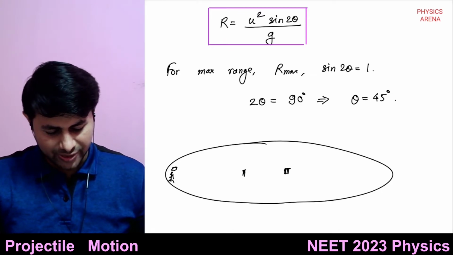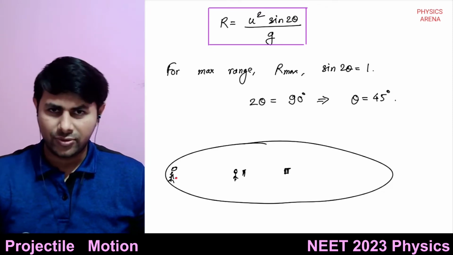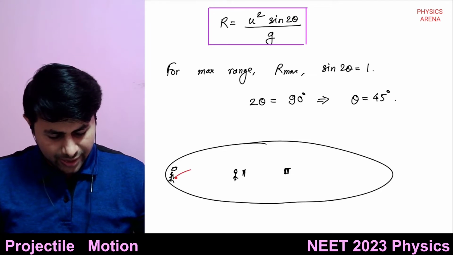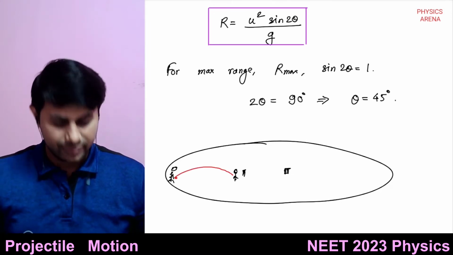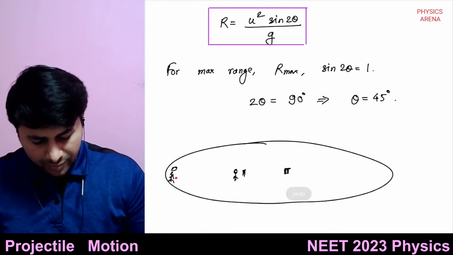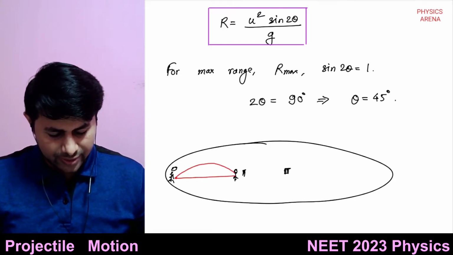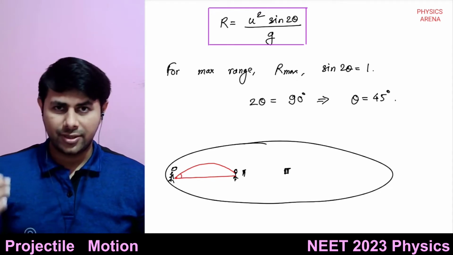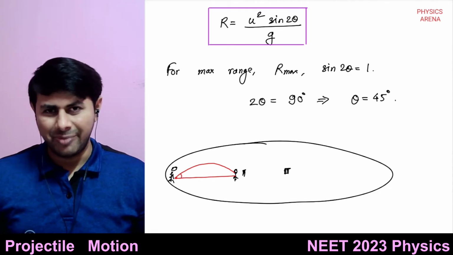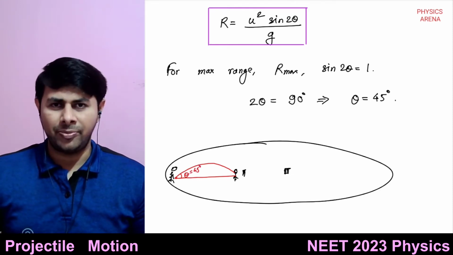This is the pitch, this is the bowler's end. You fielded the ball and you throw it to the bowler, as the batsman is taking runs. At what angle should you throw it with minimum effort? Theta should be 45 degrees.